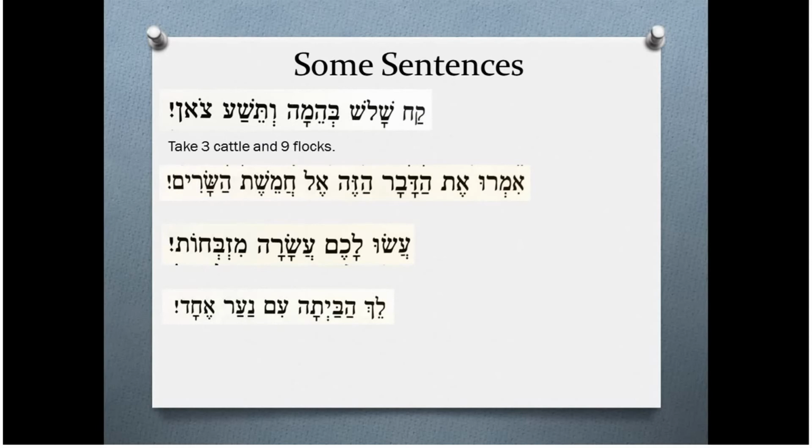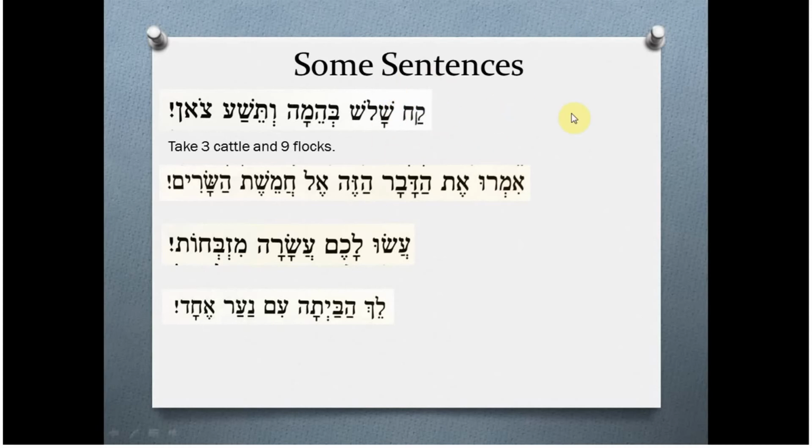Take 3 cattle, or 3 animals, you could also say, and 9 flocks. And so the imperative here, the important part here, is the kach. And that is a second masculine singular verb. So you're saying take, and you're referring to a singular masculine subject. Again, it doesn't matter who's saying it, it's who is addressed that dictates how the verb is inflected.